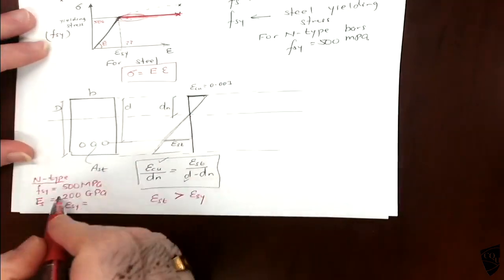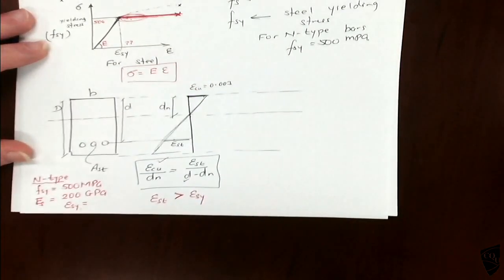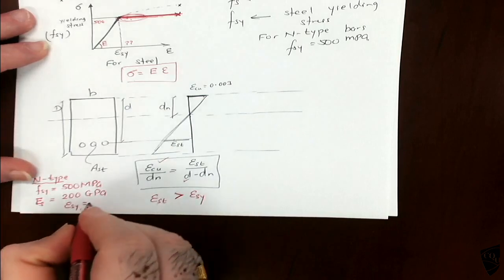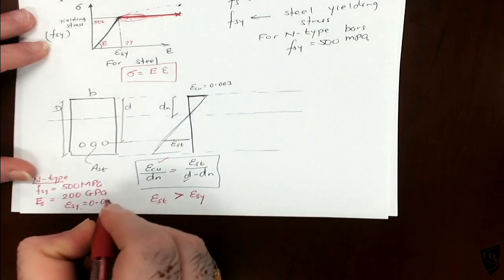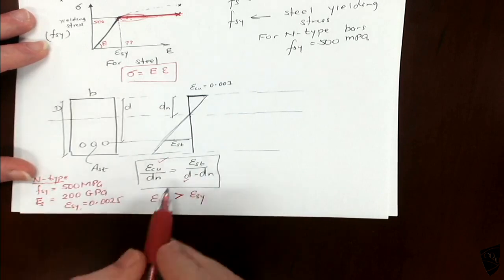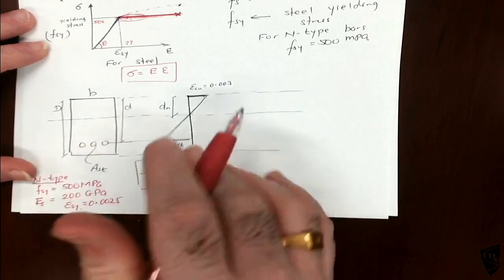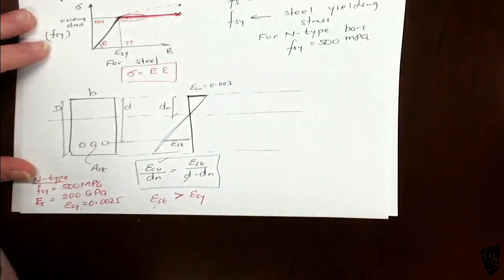So the stress is 500, E is 200. What is the strain? 0.0025. So when you calculate, it should be larger than 0.0025. We will see that one later, but you should be able to calculate using similar triangles.